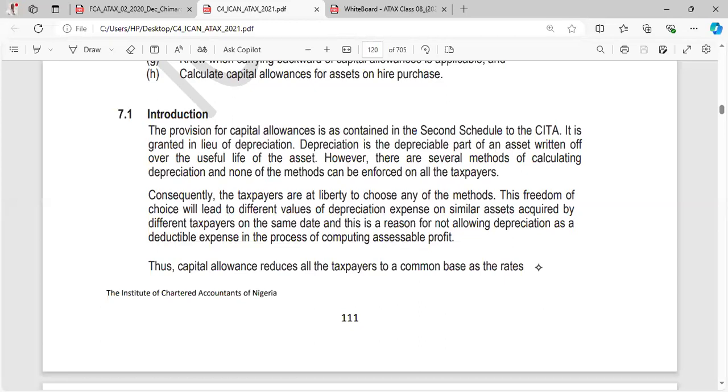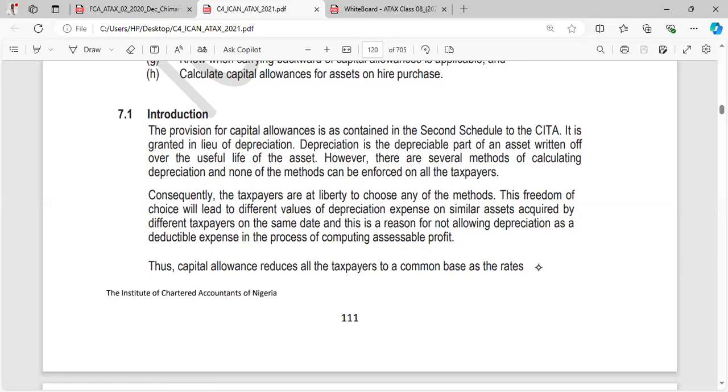Also, different companies could decide to use different lifespans. For example, two companies bought the same vehicle on the same day, and both of them are using the straight line method.